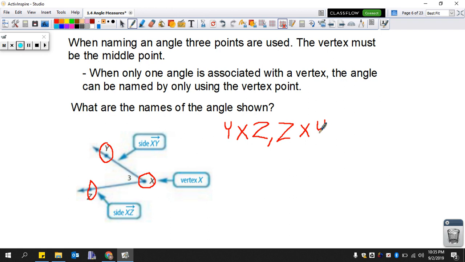So the order of the points doesn't matter except for the vertex. The vertex has to be in the middle. In this case, the vertex is X, so it has to be the middle point.